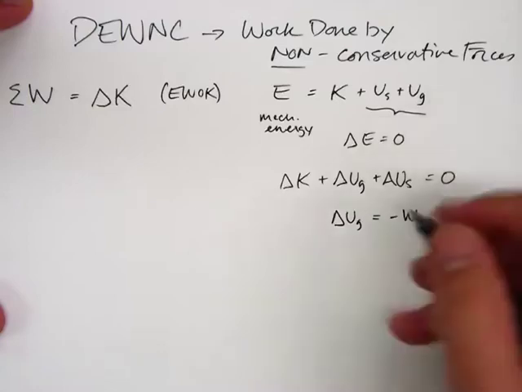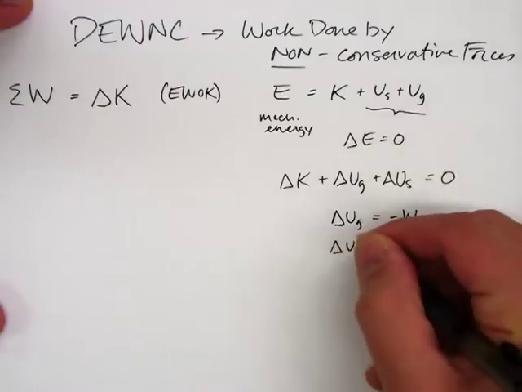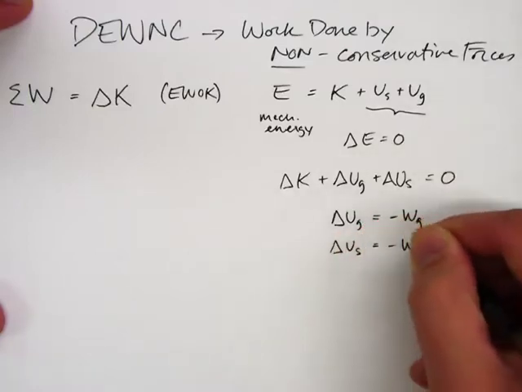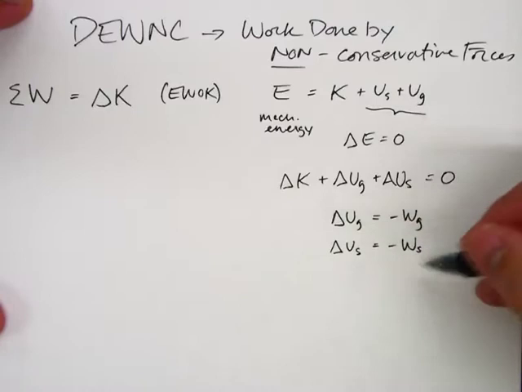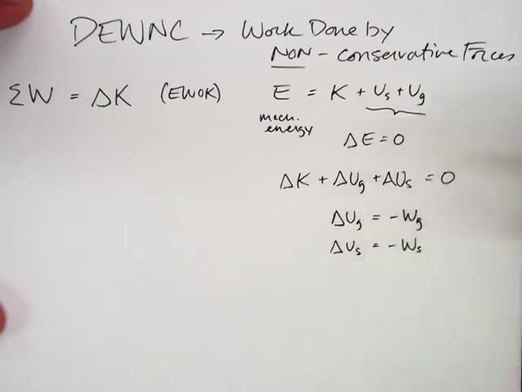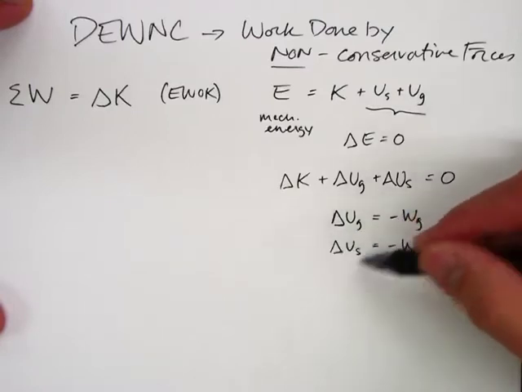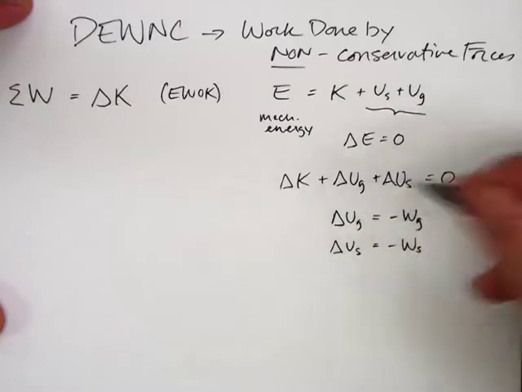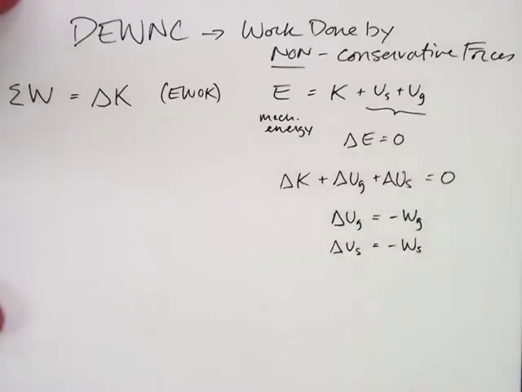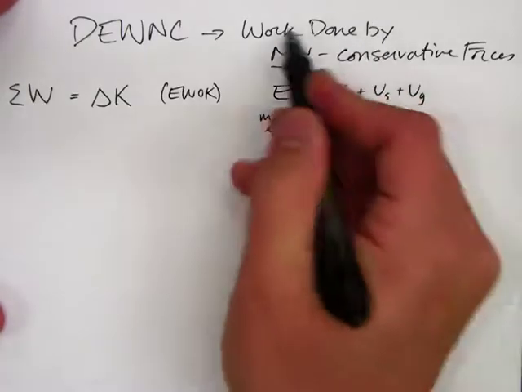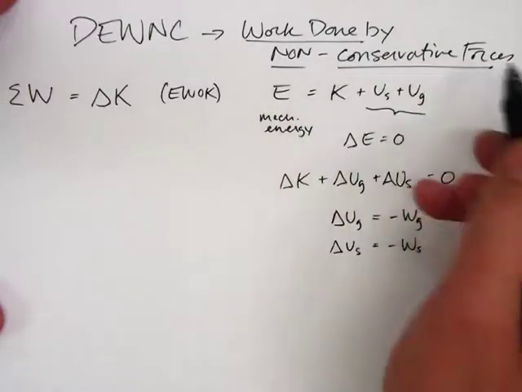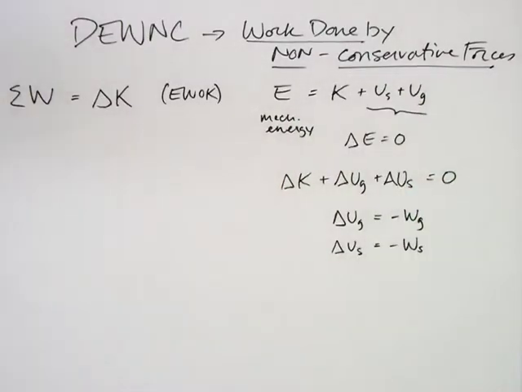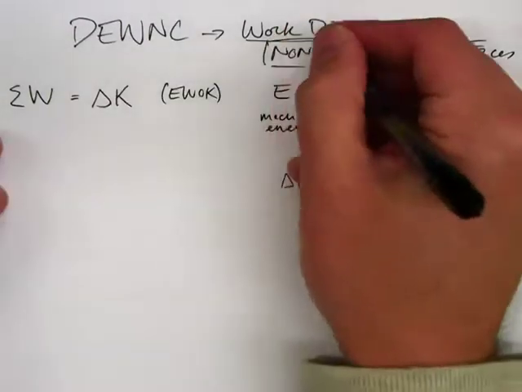And the same thing was true for spring force. When the spring force does negative work on a mass-spring system, then it gains spring potential energy. So this is something we're going to use now along with EWOC to come up with an expression for how we can solve problems when we have work done by non-conservative forces.